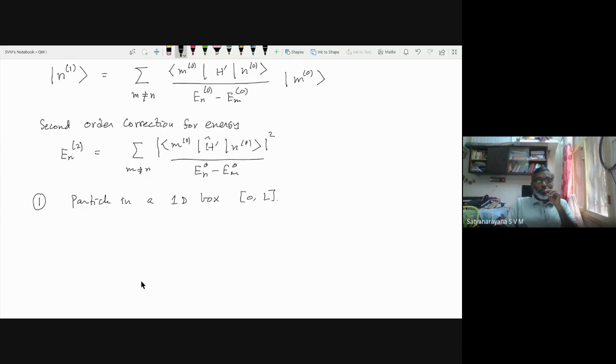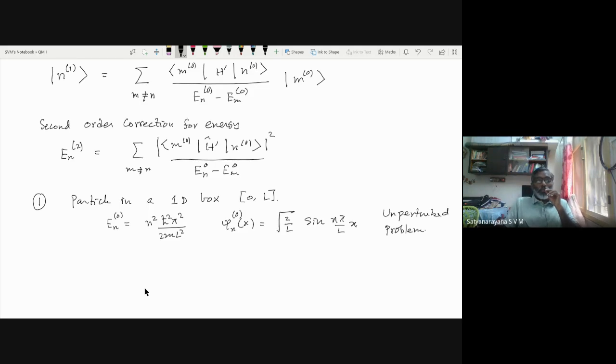The energy eigenvalues are n square h bar square pi square by 2 m L square, and the energy eigenfunctions are root 2 by L into sine n pi x by L. This is the unperturbed problem that is solved, which you can write as En0 and psi n0.